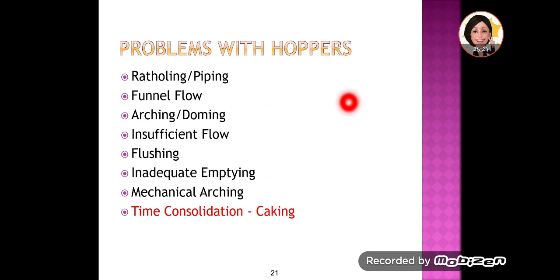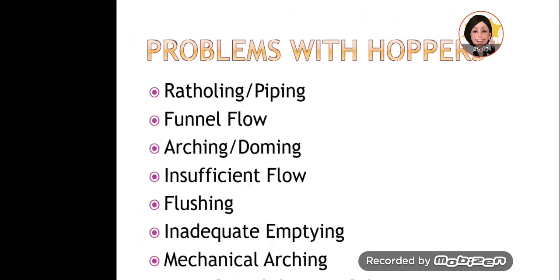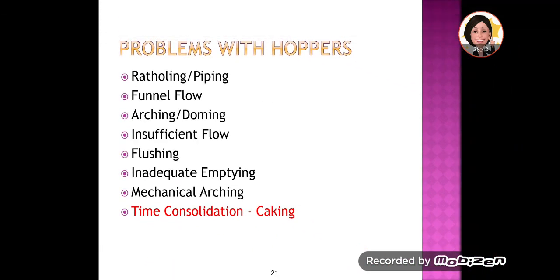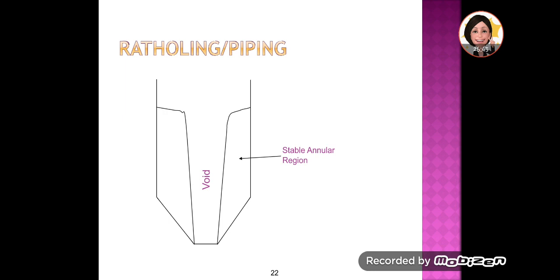In the final parts of the lecture, I've included the problems that can occur in hoppers. Let's look into each one of them. We can have rat holing or piping.